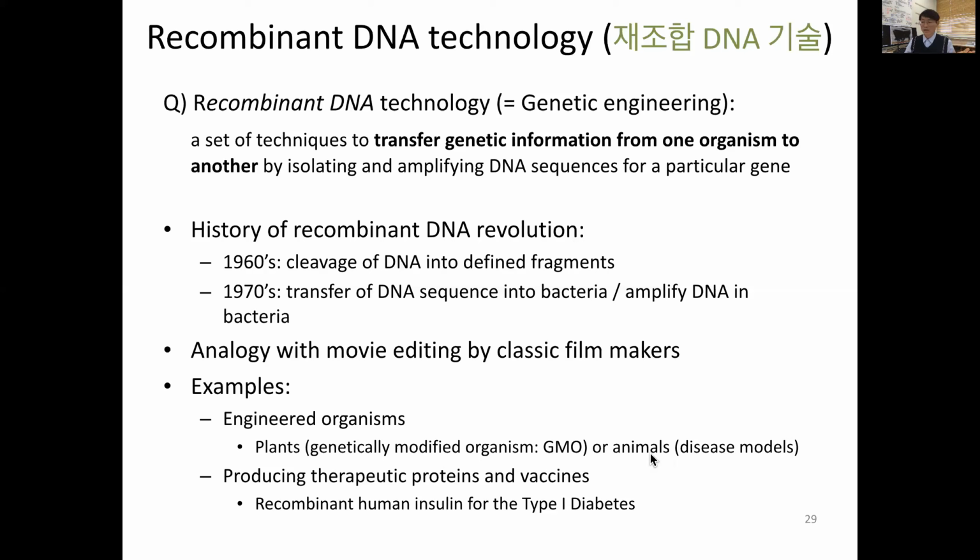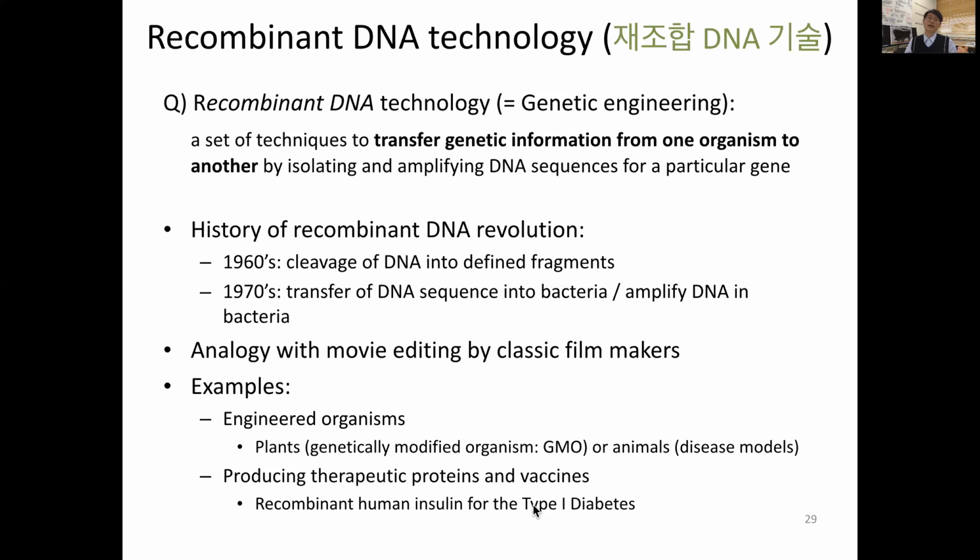On the other hand, we can produce therapeutic proteins and vaccines using this recombinant DNA technology, such as for diabetes. Type 1 diabetes, previously called juvenile onset, occurs because these patients cannot produce proper insulin, so they need insulin from outside.